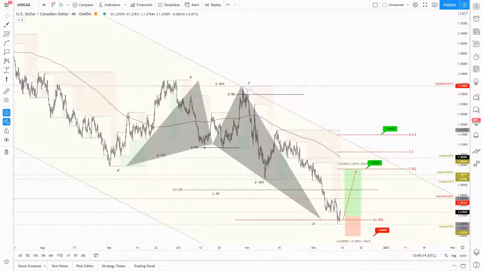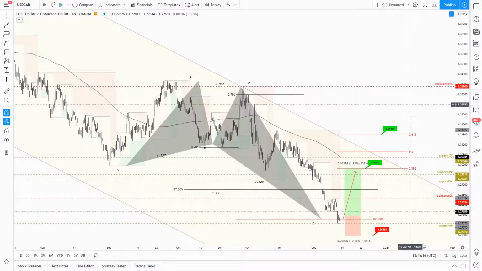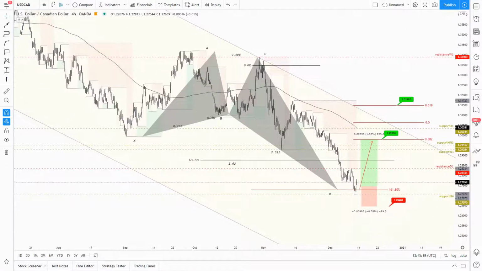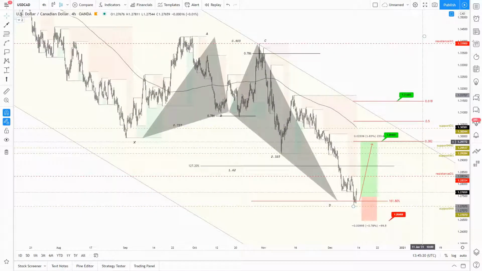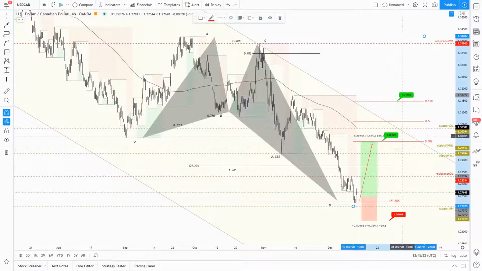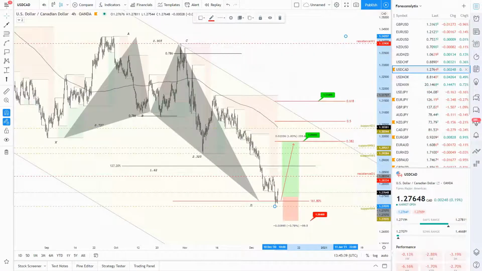This is also one of the suggestions that I pushed for my subscribers based on this bullish crab pattern printed at 168 extension. So I expect nothing more than 1.8% above my entry. 38% Fibonacci retracement, default target for the pattern 129.80. So this is the default target for dollar versus the Canadian.